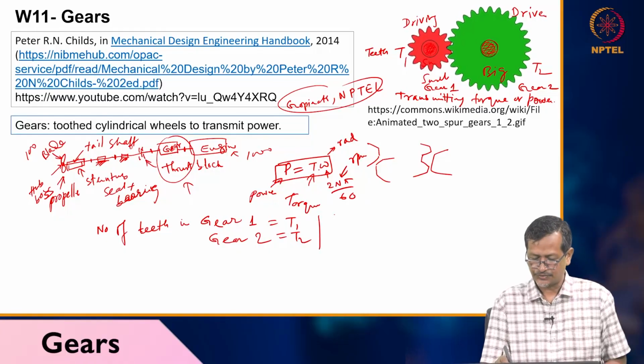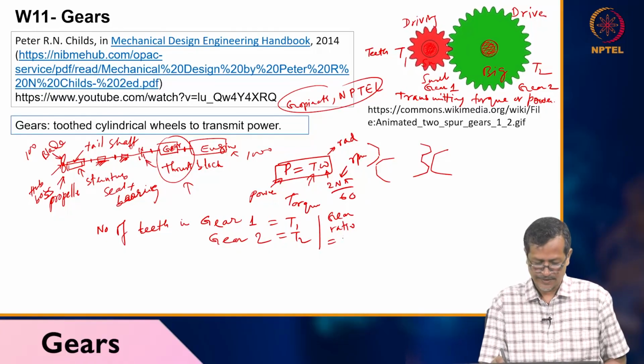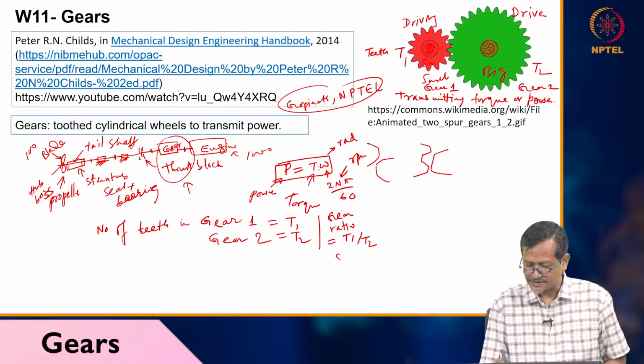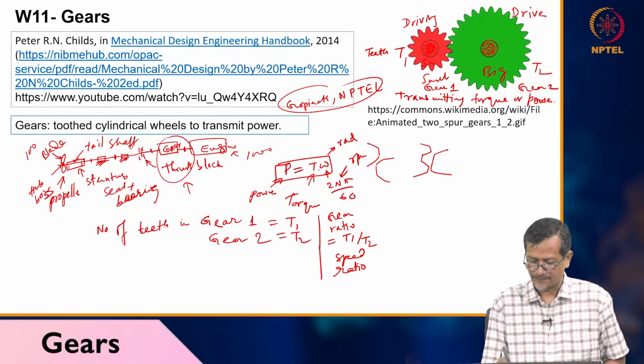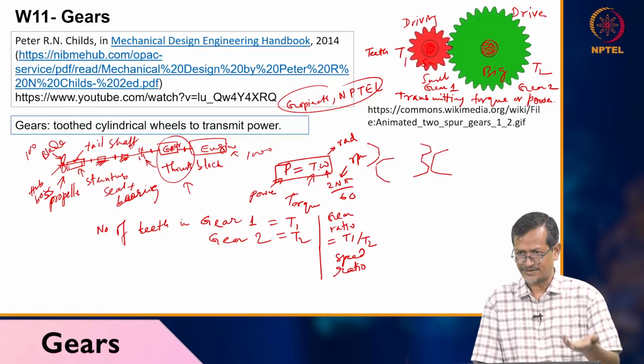So gear ratio is T1 by T2. This is also the speed ratio. Okay, so if you are changing the number of teeth, your speed also will be changing.